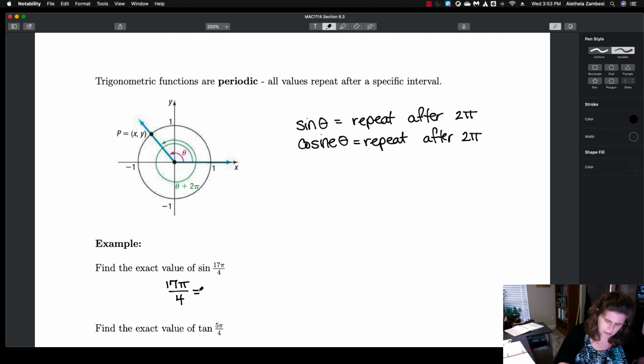So let's subtract 2 pi. Subtracting 8 pi over 4 gives me 9 pi over 4. Subtracting 8 pi over 4 again is pi over 4. So when I'm looking for the sine of 17 pi over 4, really I'm looking for the sine of pi over 4.